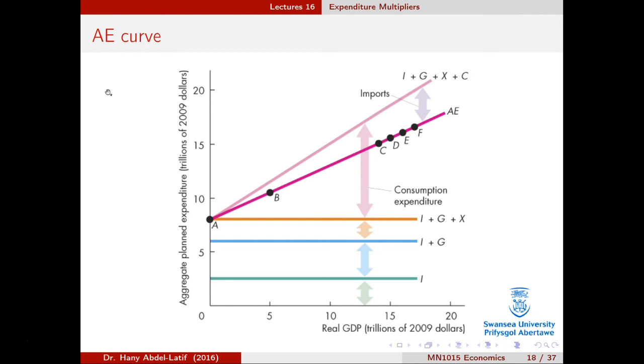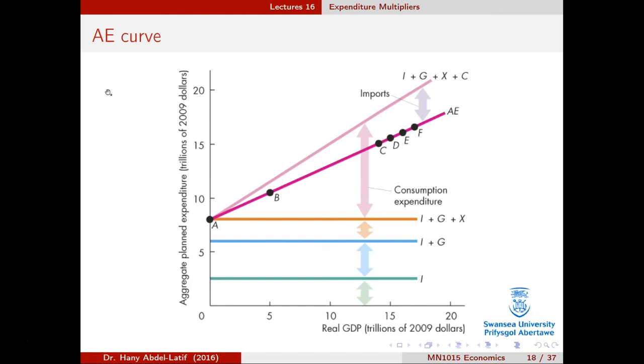So in the graph you see now, we measure real GDP on the horizontal axis, and we have the aggregate planned expenditure on the vertical axis. Okay? And the first component that is not influenced by real GDP is investment. So you'll see investment as a straight line, the green one. It is a horizontal line, the way you see it, because it's not affected by real GDP.